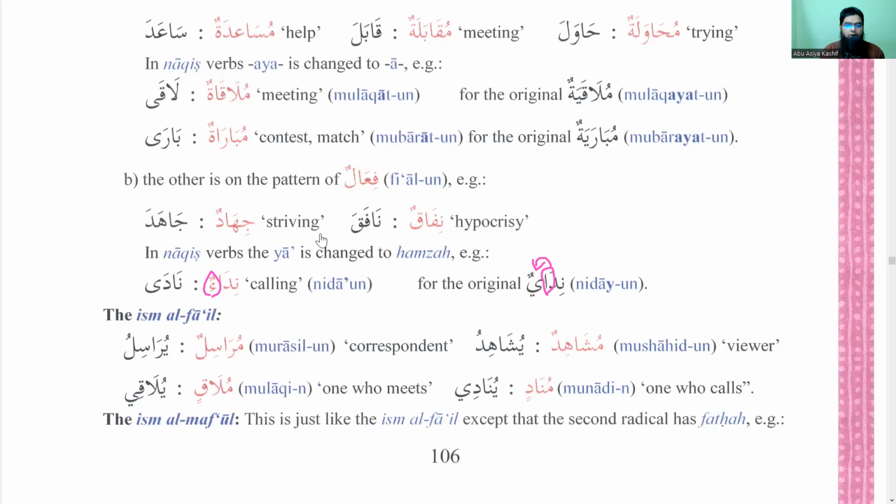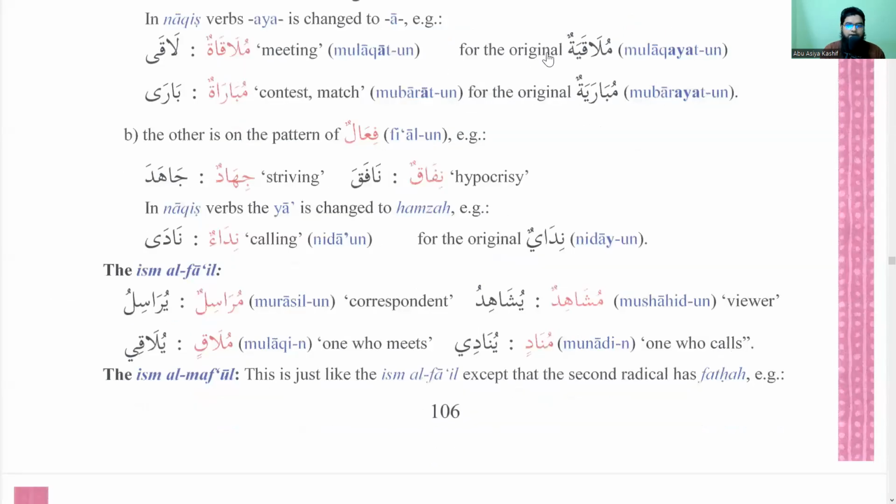Nida'un. So if you see the word nida'un, you might think the root letters are nun, dal, and hamza. No. It's nun, dal, and ya. Nada, yunadi, nida'un. Or it could be a waw also. So you should know the correct verb.